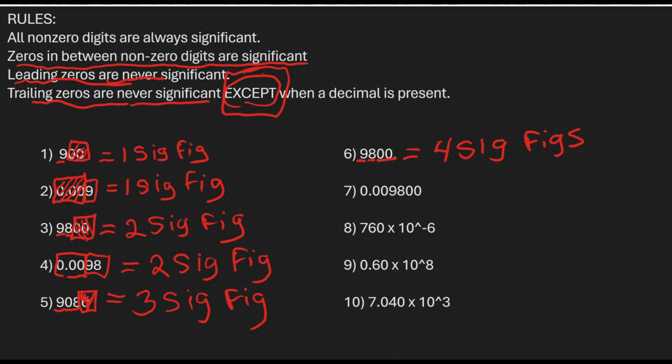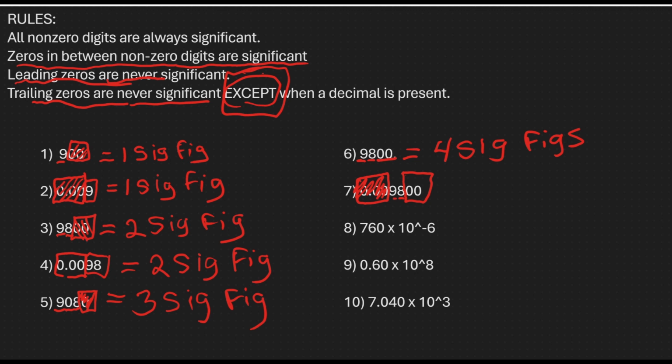Example number 7, we have 0.009800. Here we have 3 leading zeros and 2 trailing zeros. We know that the 9 and 8 are significant, and we know that leading zeros are never significant.